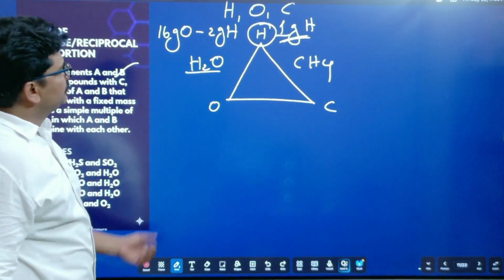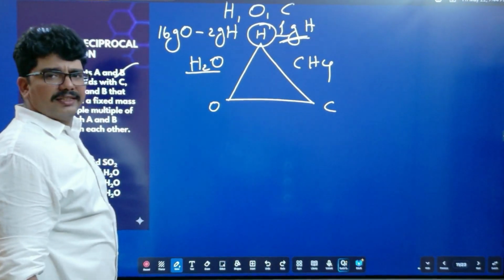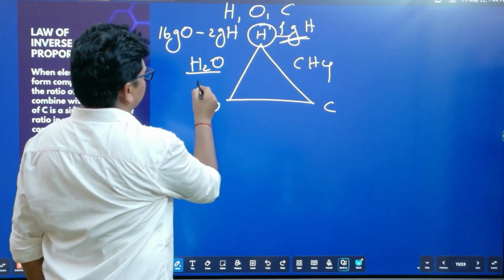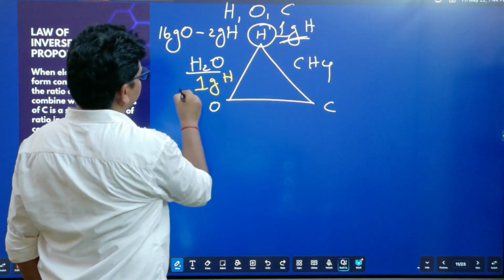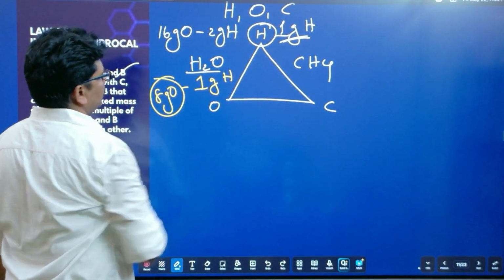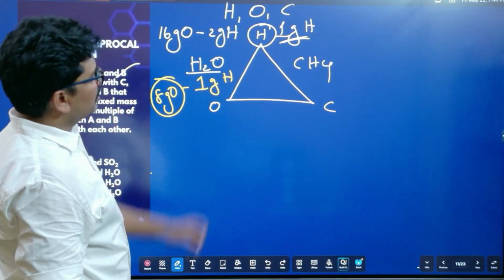In water, 16 grams of oxygen is combined with 2 grams of hydrogen. So I want it for 1 gram: 1 gram of hydrogen is combined with 8 grams of oxygen. This is the mass of oxygen for 1 gram of hydrogen.